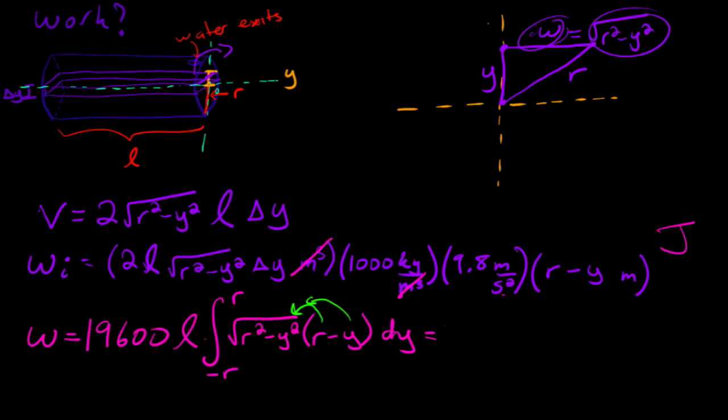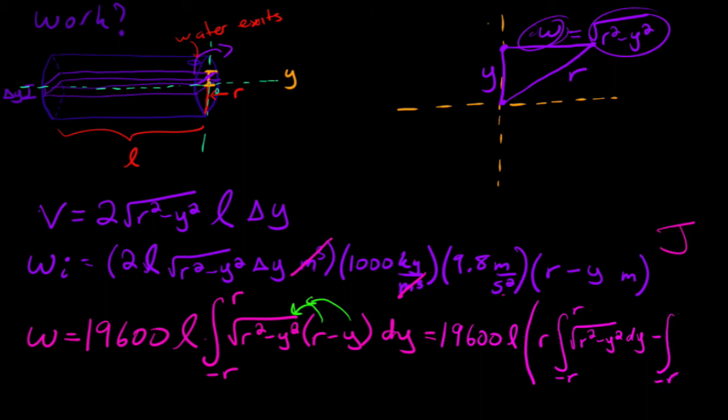So this is going to equal 19,600 L, and that's constant, times r, which is a constant, times the integral from negative r to r of the square root of r squared minus y squared dy, and then minus the integral from negative r to r of y square root of r squared minus y squared dy.